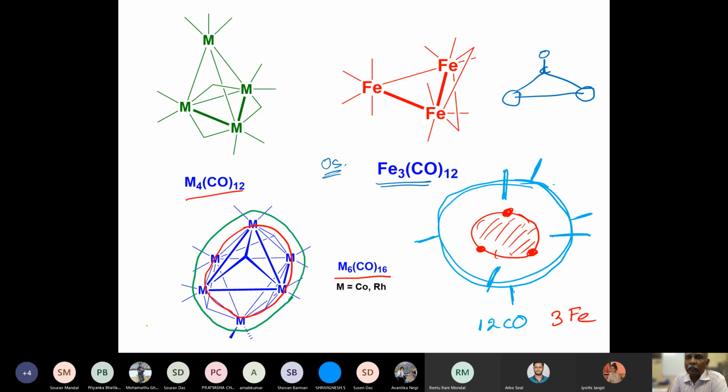In Fe3CO12 that I have here, there are two bridges. In the osmium example, same structure, there are no bridges. That is explained by the size of the metal atom. If the metal atoms are very far apart, then bridging becomes more difficult. If the metal atoms are closer, then bridging is easy. That is one explanation that is given.